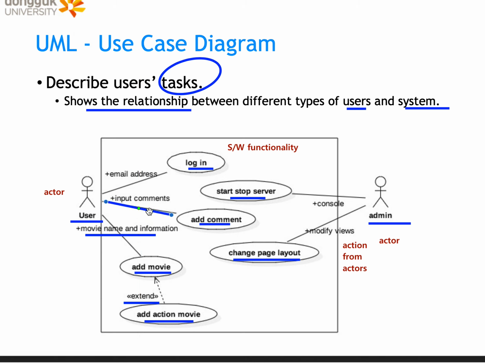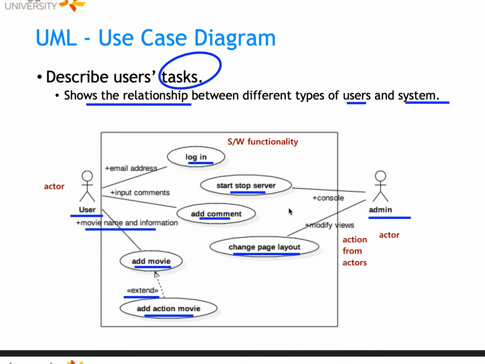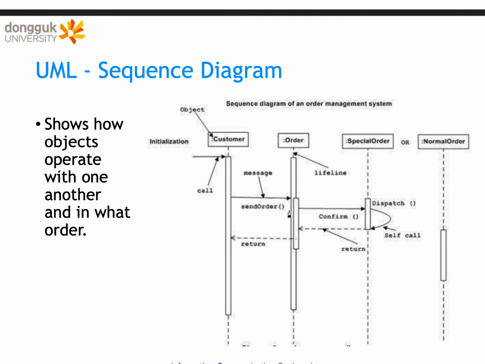Also you can add some kind of tags for each link, like an email address, input comment, something like that. So this is a use case diagram, and it gives a brief description of the system. And here is the sequence diagram.